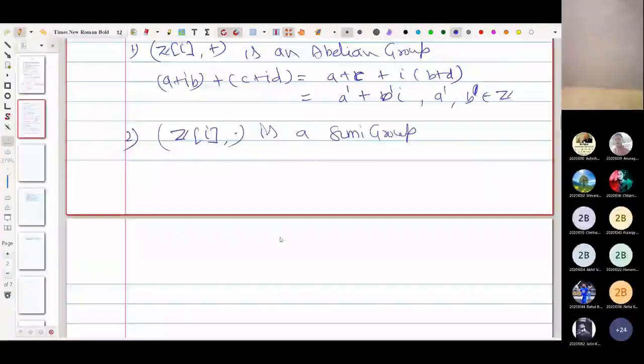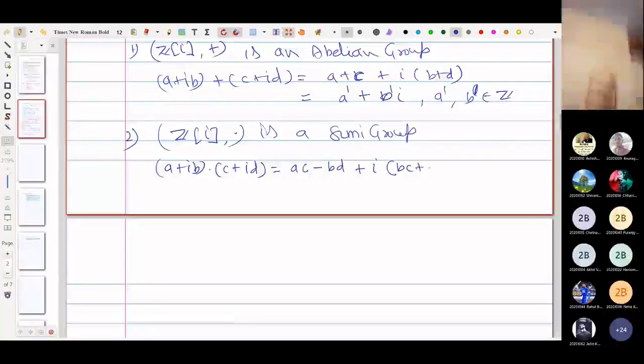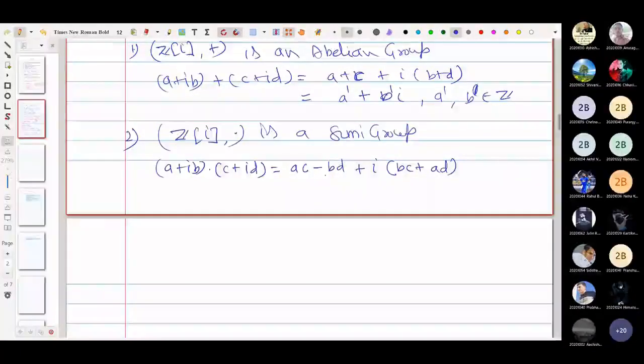So for closure, let us define the multiplication of a + ib, this is one element, and the second element is c + id. With the usual multiplication of complex numbers, we will have (ac − bd) + i(bc + ad). a, b, c, d are all integers, so their products, differences and sums are going to be integers. So this belongs to where? This belongs to Z[i]. So this is closed.